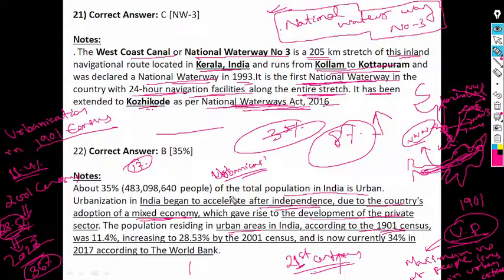Then, in India, urbanization happens because of the medical revolution, the communication system, improved health conditions and an improved standard of living.